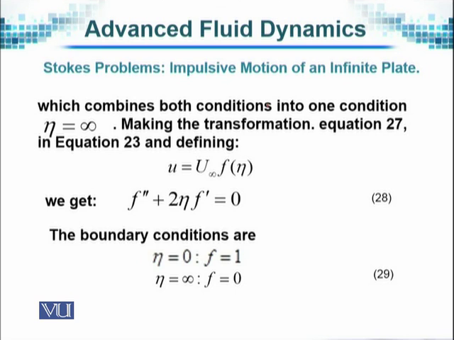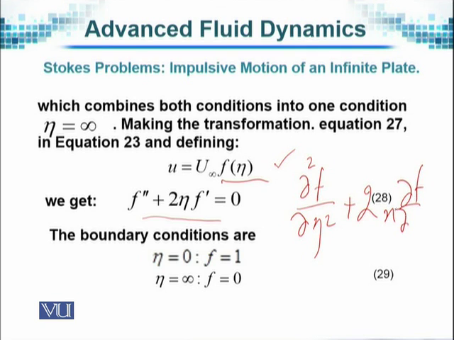Making these transformations, we can write u equal to u infinity times some function f of eta. And from the Navier-Stokes equation, we get the equation d2f by d eta 2 plus 2 eta into df by d eta equal to 0.